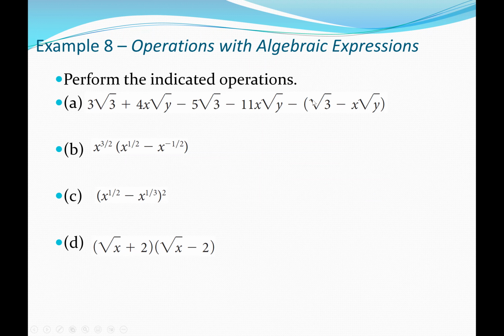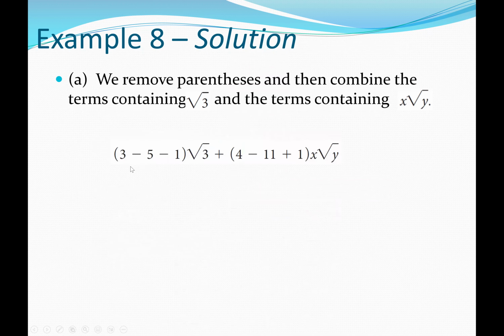And here also is minus 1, because minus square root of 3, when we remove the parenthesis, gives minus. So that's why, again, we have 3 minus 5 minus 1. The same thing applies to the y. We have 4 minus 11 plus 1, then x square root of y. So we combine, and that will be our solution.